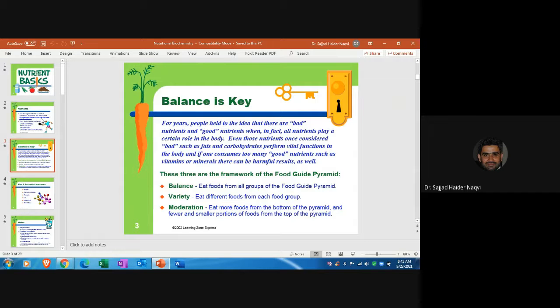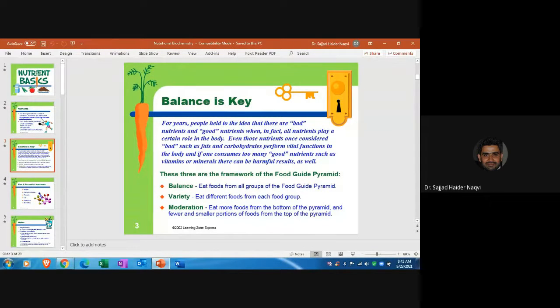So having a concept of balance in your nutrition is key, because when you have a balanced proportion of different nutrients in your food, you will be supplied with the balanced proportion of whatever is needed for your body.